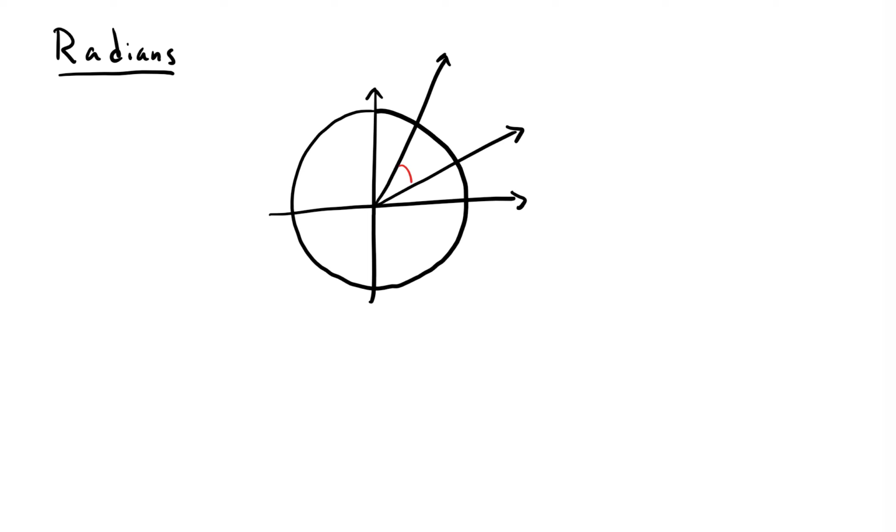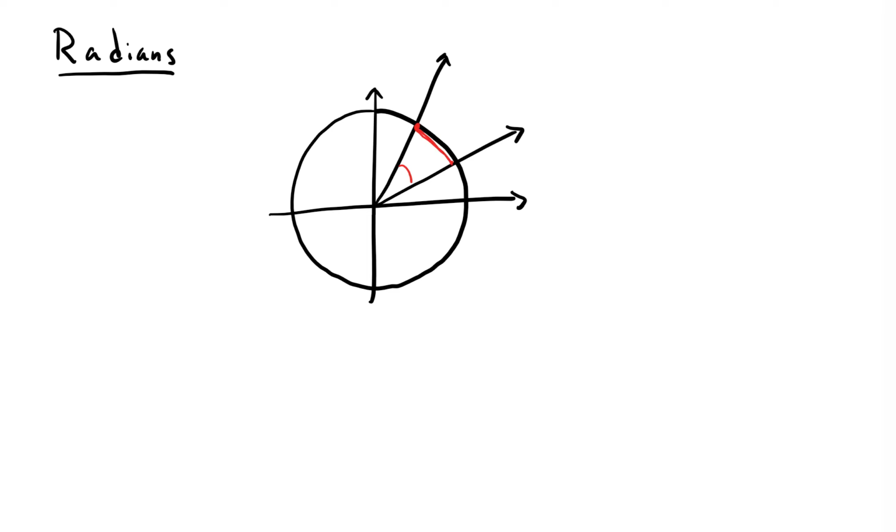How would I measure this in some more natural way? I could look at this point and this point and look at the measurement of this chord here. So it's a straight line, not an arc. So that's one way.